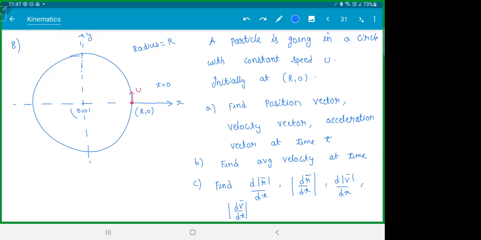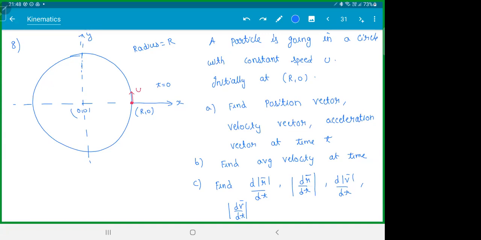Position vector, how do you get that? Anything? Answers? Position vector and the velocity vector, start doing. Anshul, answers. Pratyush says r times i cap.